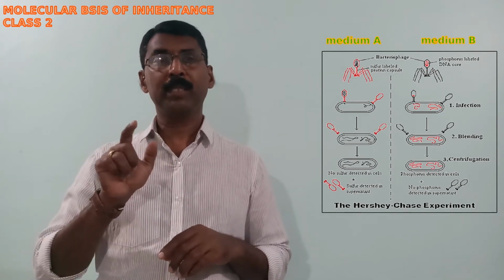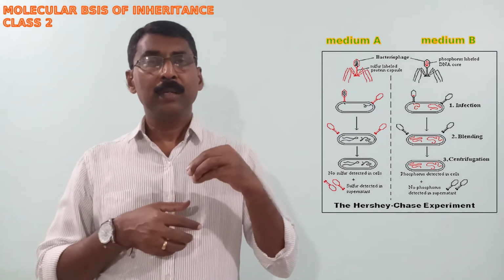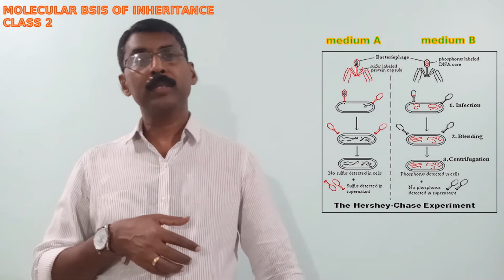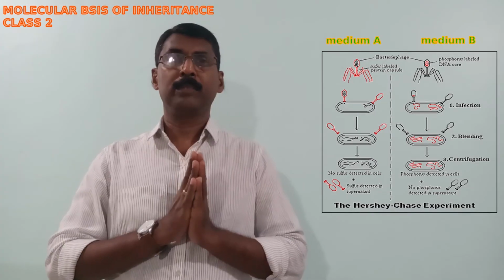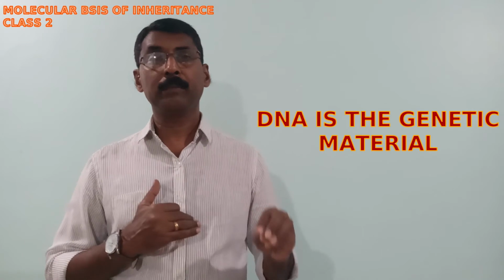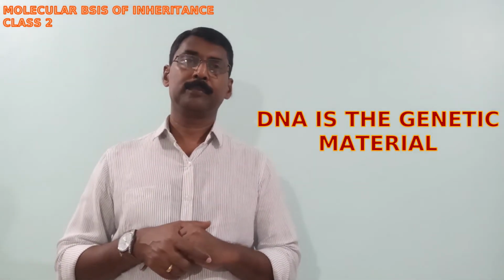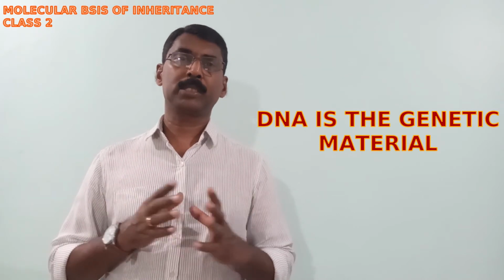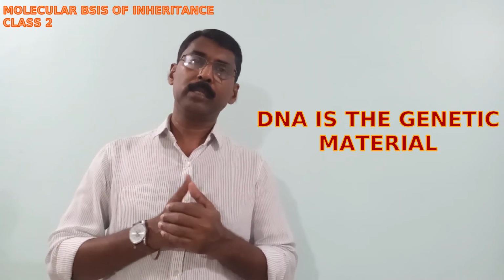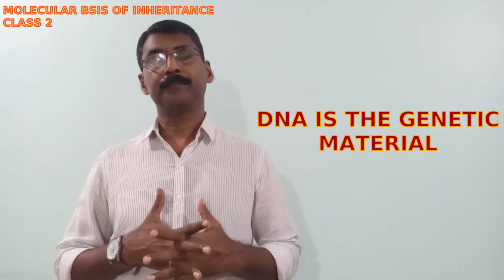If protein was the genetic material, viruses should have introduced the protein into the cell. It was made very clear that DNA is the genetic material, not the protein. So it was established that DNA is the genetic material, not the protein. Okay.